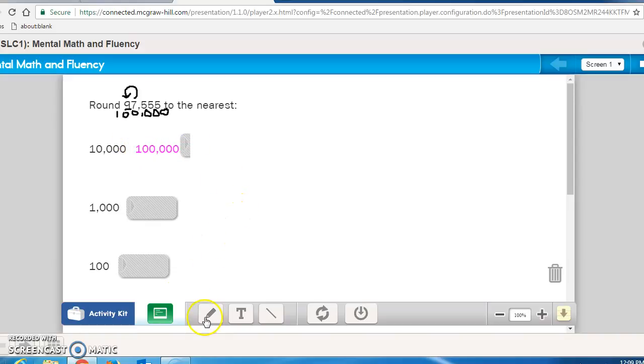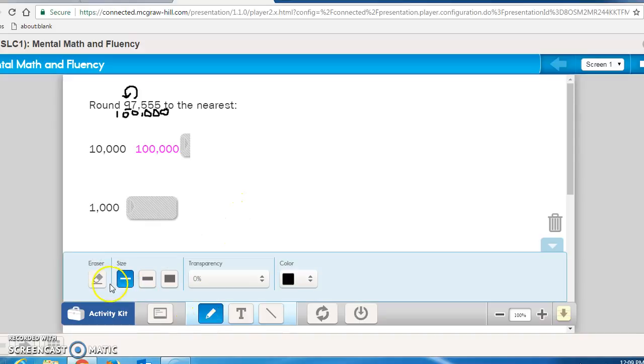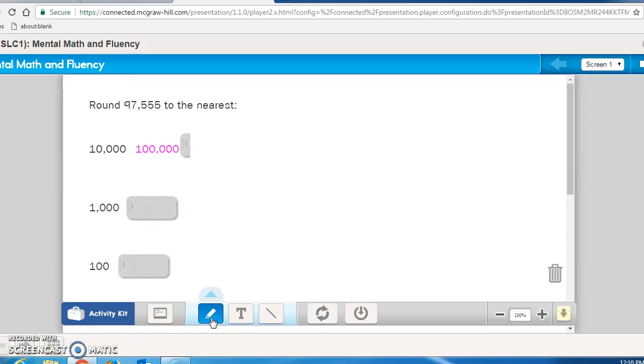And we did. Again, when you're going to round it to whatever place value it's asking, please make sure that you're underlining it so that you have the right one and you're drawing your arrow. So this time it's telling me, you need to round it to the thousands place. So I underline the thousands place. I draw my arrow from the number to the right of it to that number.